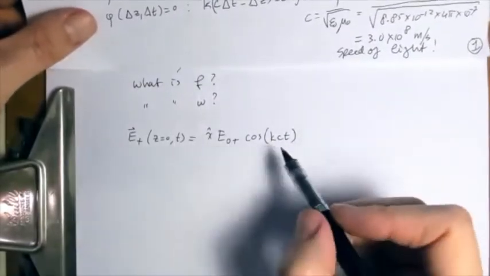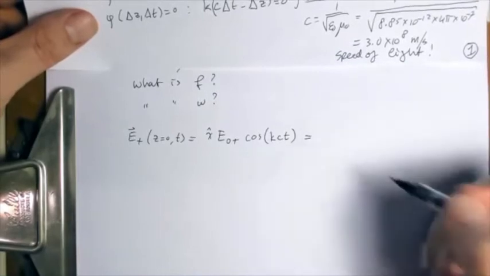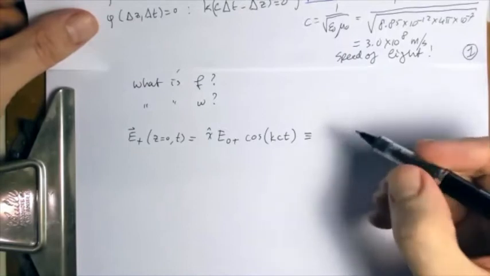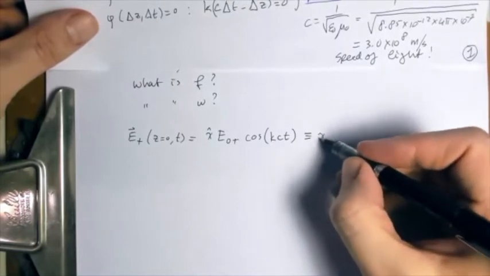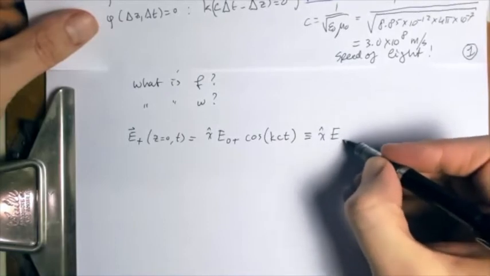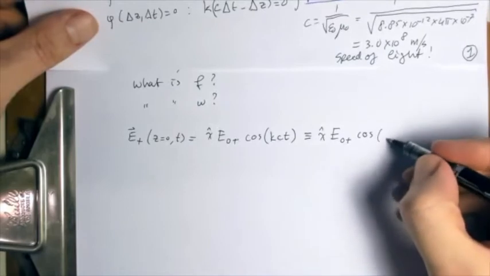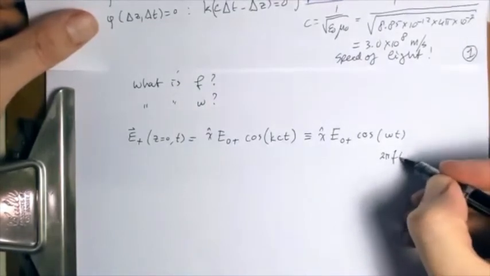Now, what does that mean? Well, this looks just like your regular definition for something that is periodic as a function of time. That is, for instance, the same prefactor E naught plus cosine, and it's either omega t or 2 pi f t.